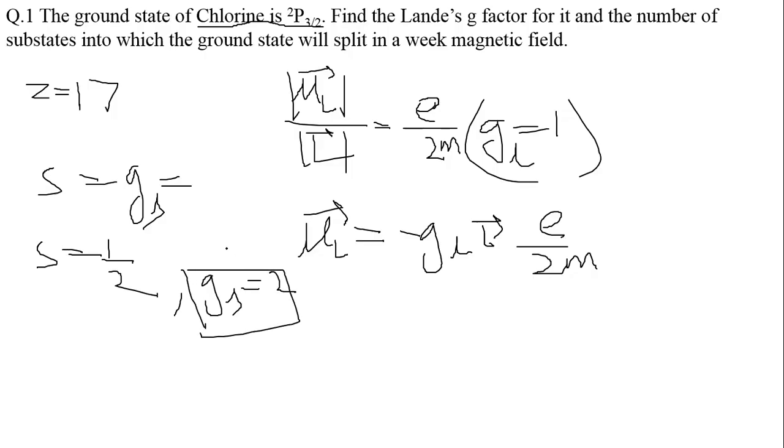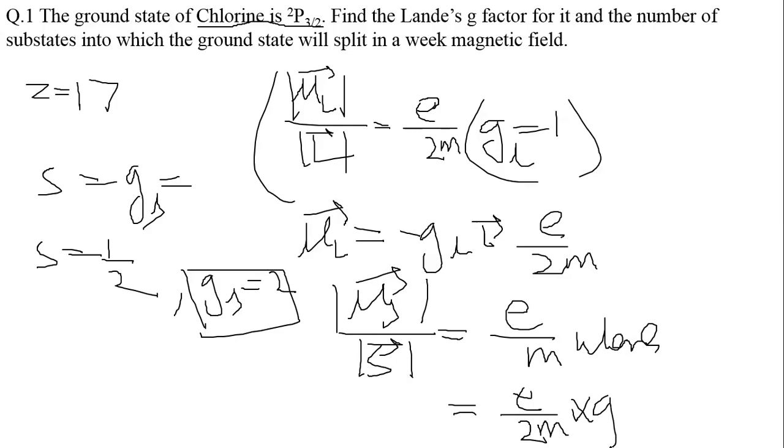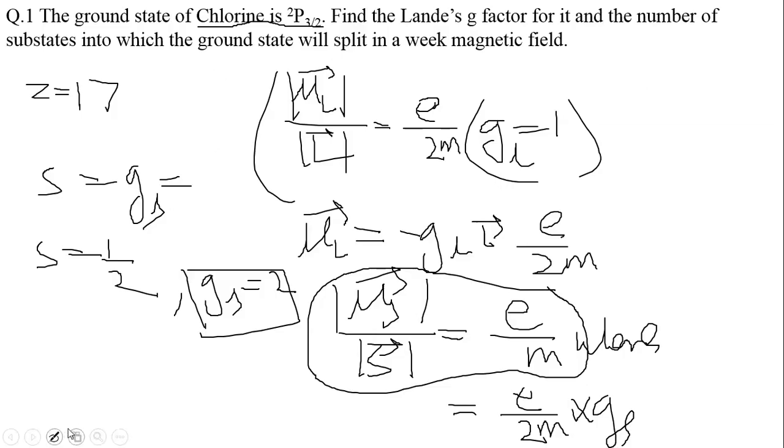From the above relation, like we discussed for the orbital case, for the spin case mu_S by S, the ratio is actually e by 2m into g_S. If we put g_S equal to 2, we get mu_S by S equal to e by m.